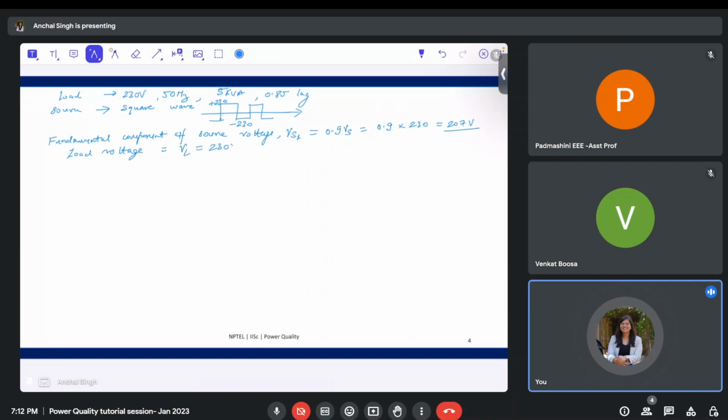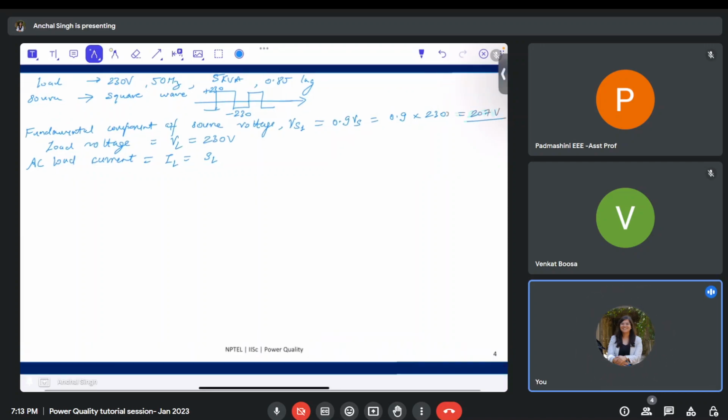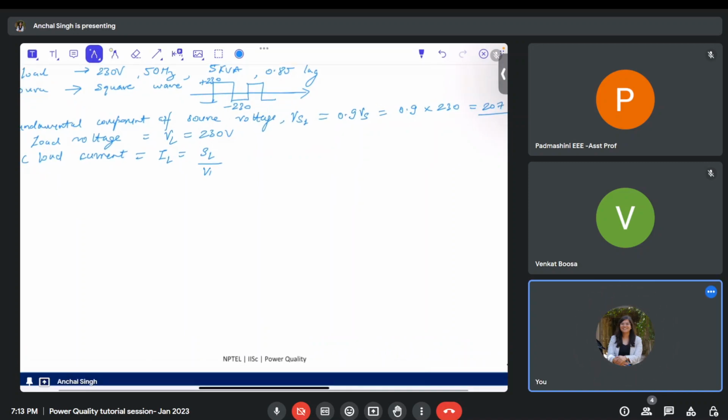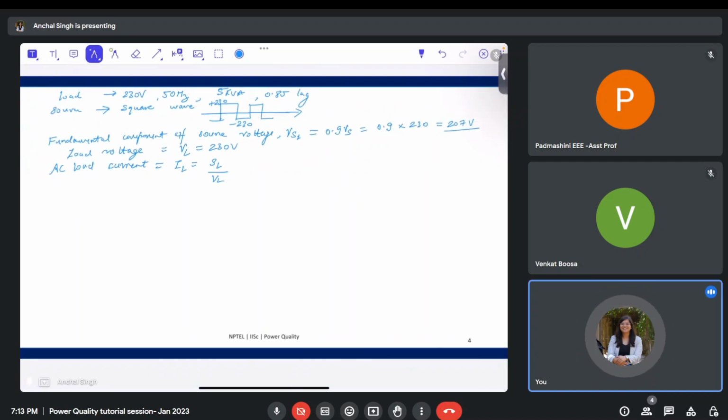Now from that we can say that the RMS value of the AC load current, IL, will be given as SL by VL, right? Where SL is the 5 kVA that we are given, the kVA rating of the load, and VL is 230 volts. So 5000 by 230 is 21.739 amperes.